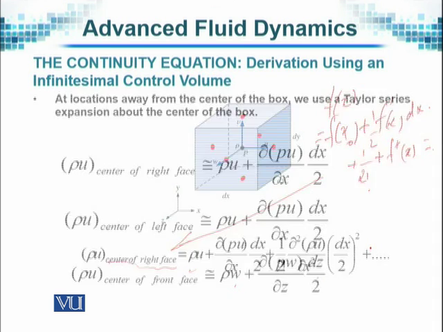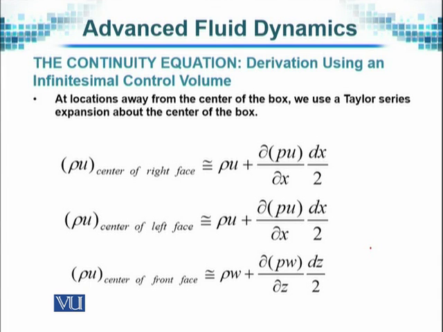By doing so, we obtain 3 terms: center of the right face, center of the left face, and center of the front face. And remember that there are other terms also that we have ignored. So we are not bothering about them, and we are only trying to take a linear approximation.